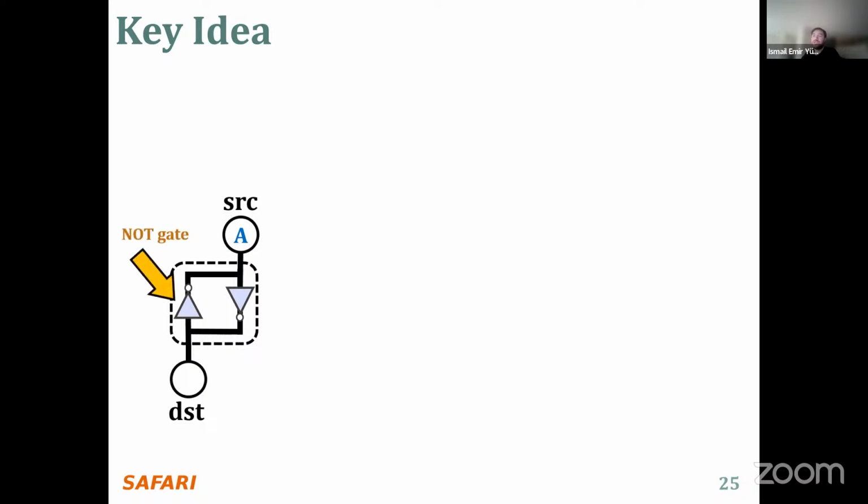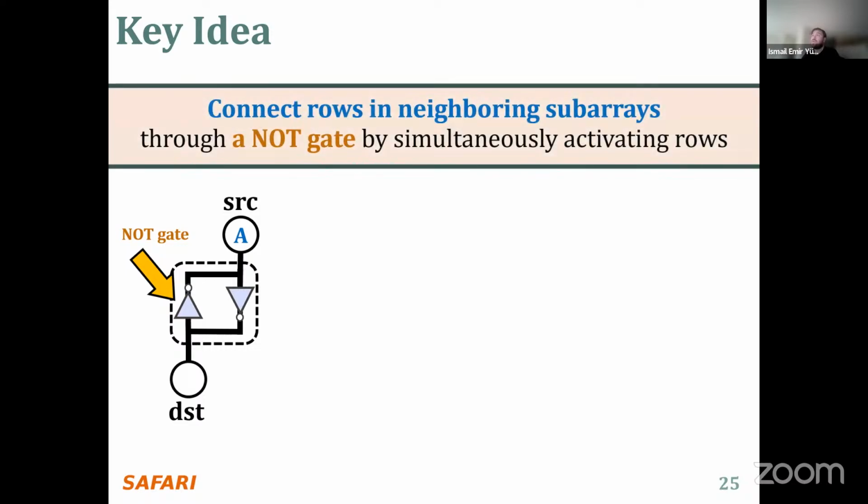Here they share a common sense amplifier, which is like back-to-back NOT gates. So our key idea is to connect these cells through a NOT gate by simultaneously activating them.